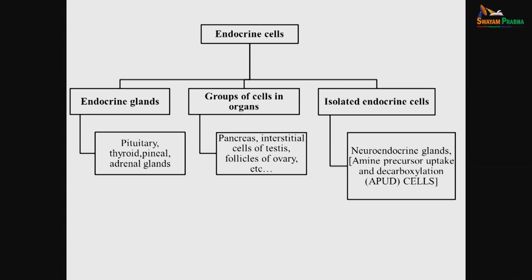An endocrine gland, for example, pituitary, thyroid gland, adrenal glands, whereas it can also be present as groups of cells inside an organ. For example, the islet cells in pancreas, the interstitial cells of testis, the follicles of ovary, etc. It can be present as isolated endocrine cells, for example neuroendocrine glands, APUD cells, that is amine precursor uptake and decarboxylation cells.